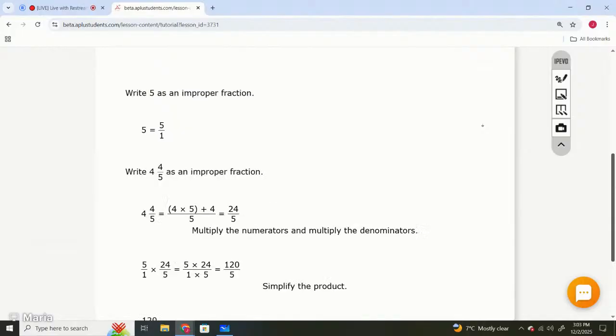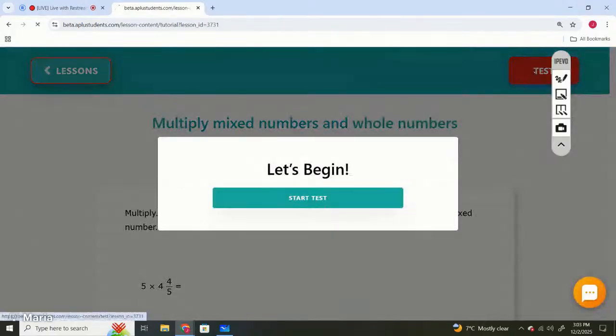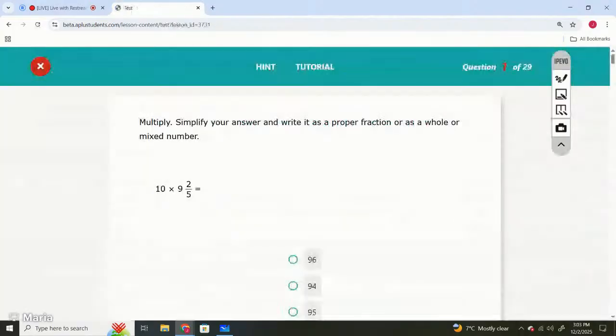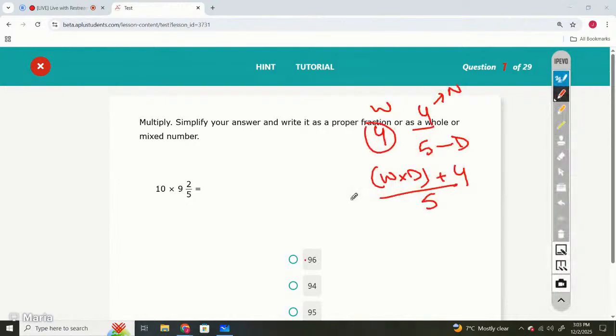Let's just start with the test questions. Multiply. Simplify your answer and write it as a proper fraction or as a whole or mixed number. 9 whole 2 by 5.